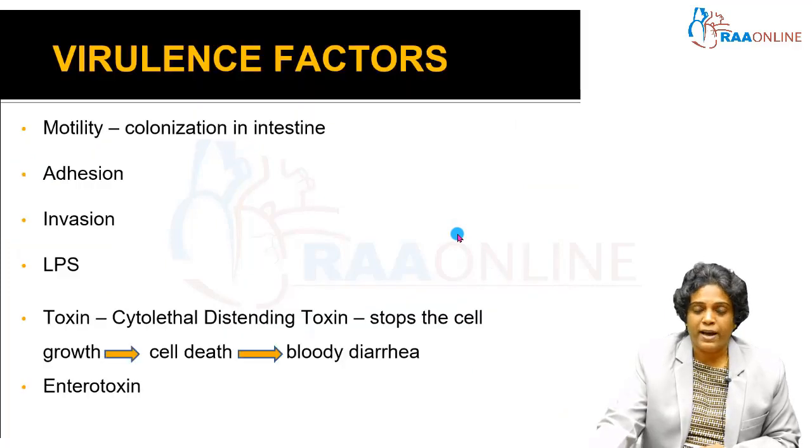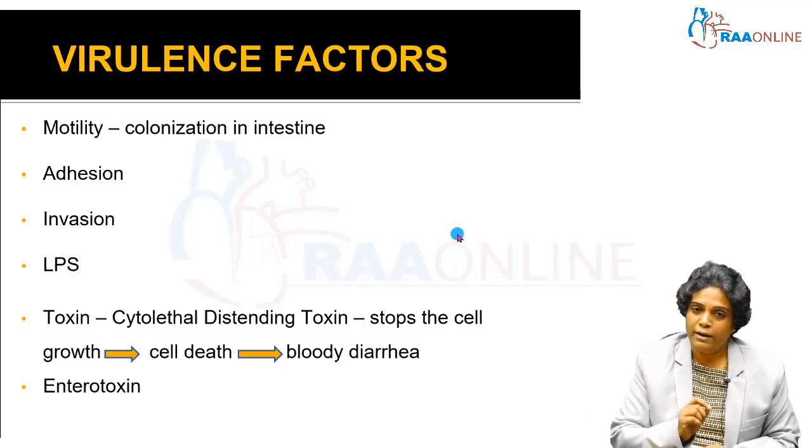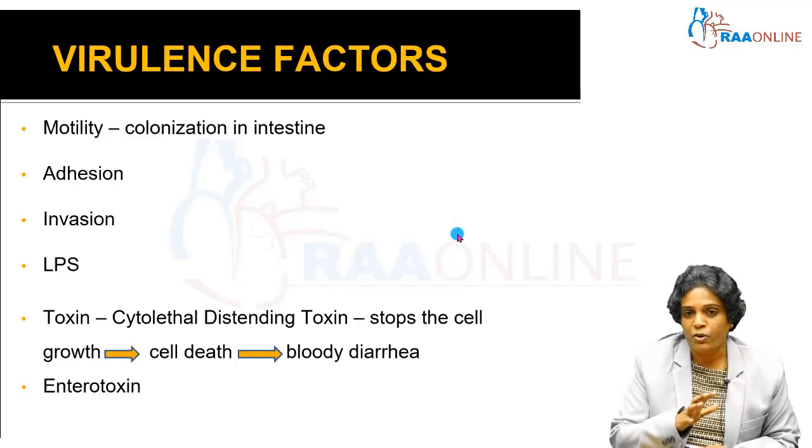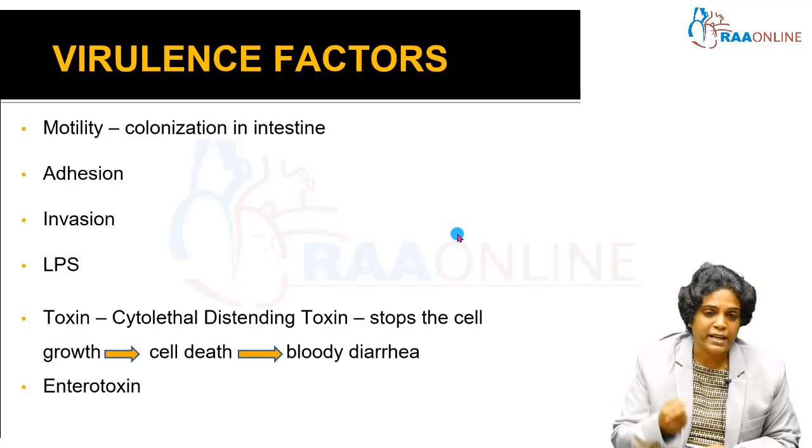So what are the virulence factors of Campylobacter jejuni? First is motility. The polar flagella help the organism to move in the intestinal mucosa and get colonized in the intestine. The second is adhesion. It tightly adheres to the intestinal wall in order to initiate the infection.